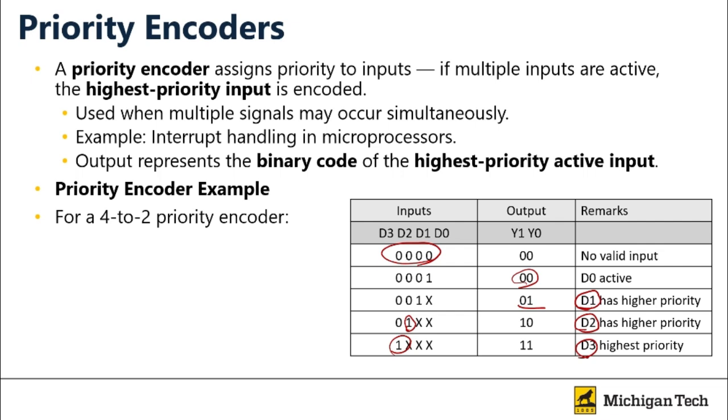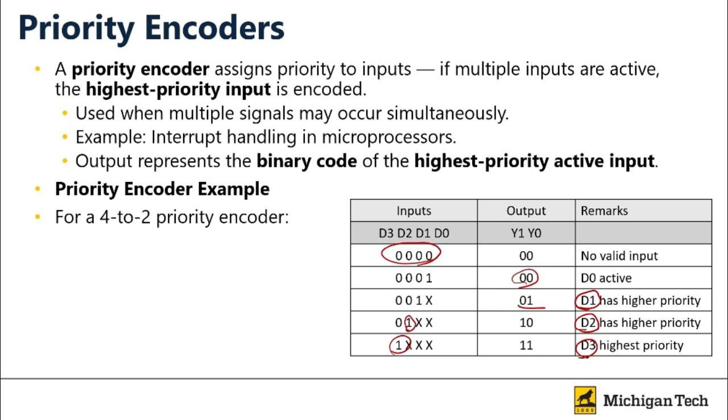So this is the truth table for that. Compared to the normal encoder, here we have don't cares. It means we don't care about the other lower priority bits. We just consider the higher priority. And that's what we make the decision based on.